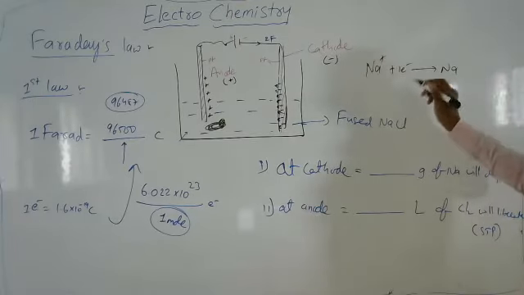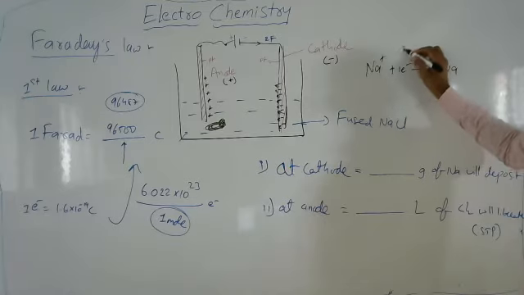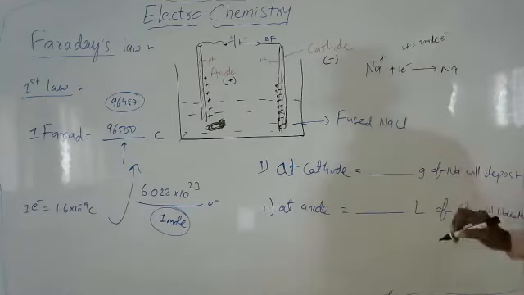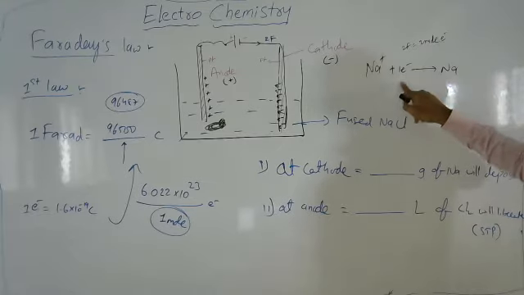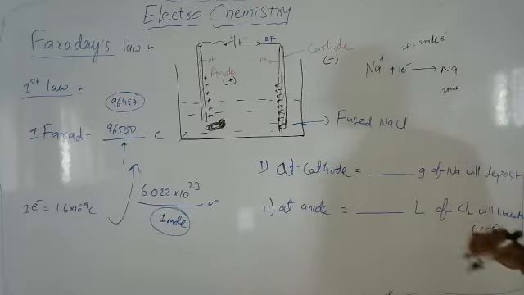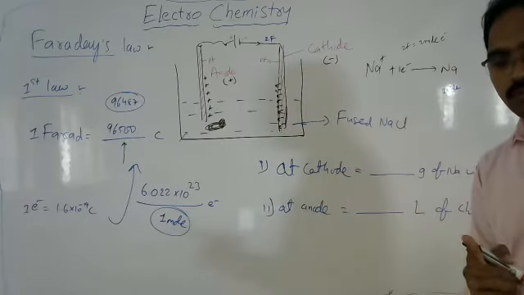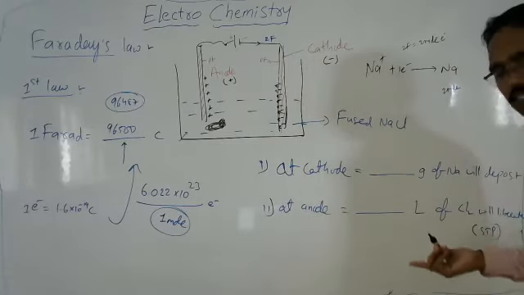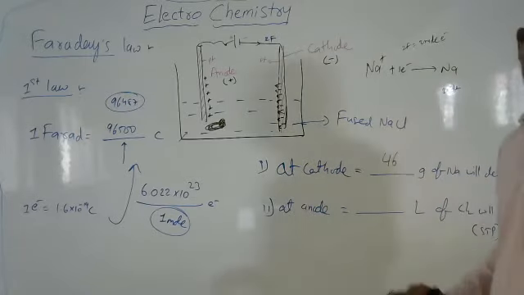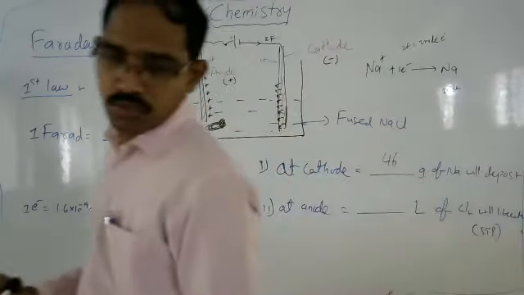I am using 2 farad, which means 2 mole electrons. When I use 2 mole electrons, 2 moles will form. 1 mole of sodium is 23, 2 mole is 46. So the answer is 46. Still, if anyone has not understood, you can ask.